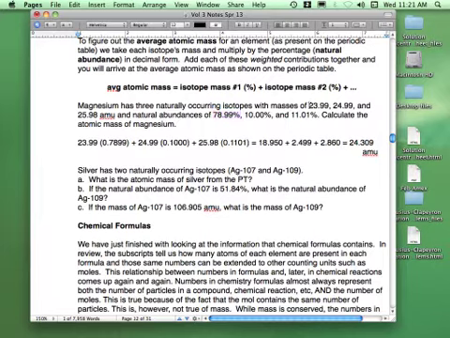So this one here, 23.99, has this abundance, or this percentage in nature. So we take that mass times that percentage in decimal form, next isotope times its percentage in decimal form, and so on, and we just add them up. All right, so here is one problem. Let's copy that one and bring it into our writing program.